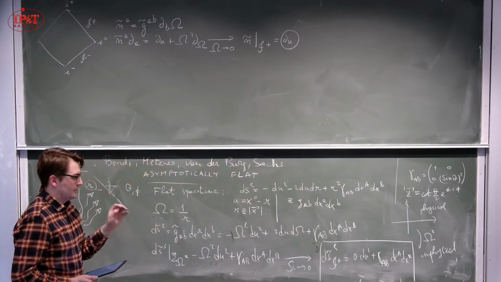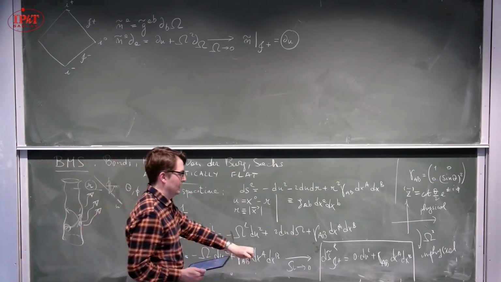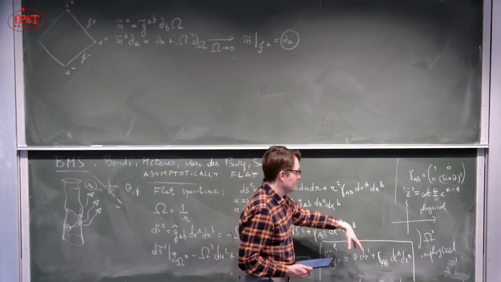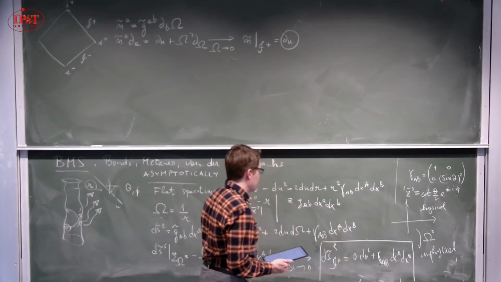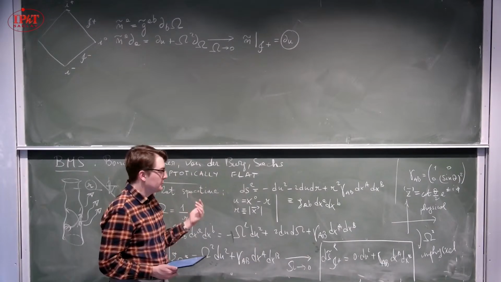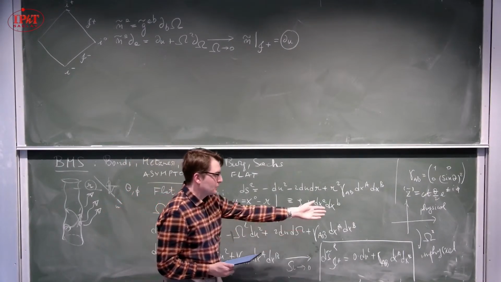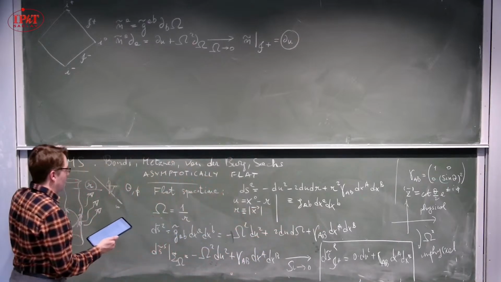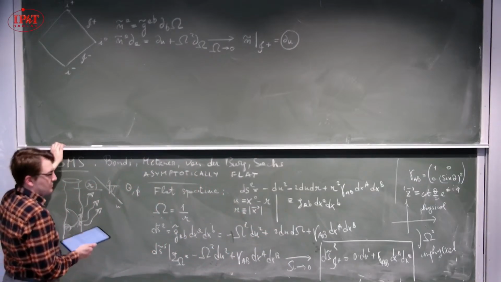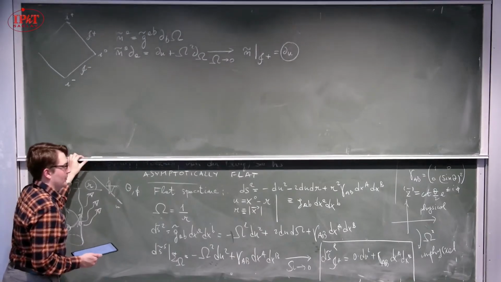However, there is some ambiguity in the way in which I perform this mapping, right? You remember, eventually, the only important piece of information is the fact that omega goes to 0. So it doesn't really matter if I choose capital omega, or capital omega times a function that is regular at the boundary.